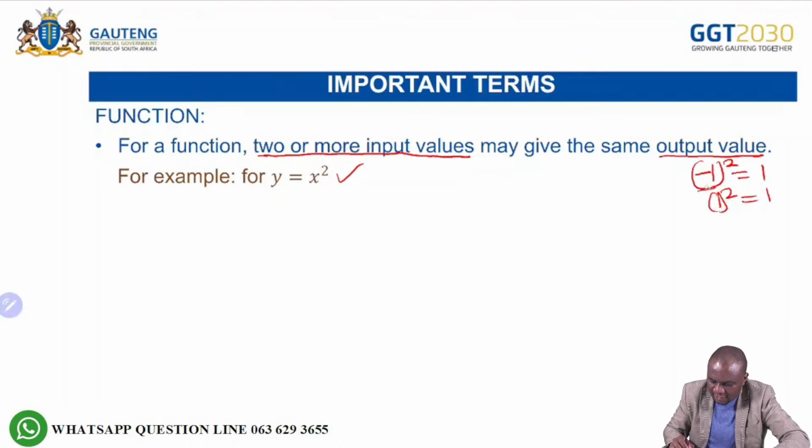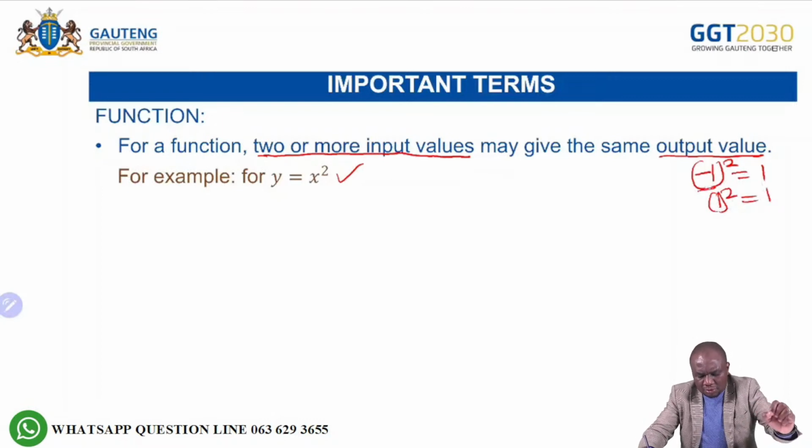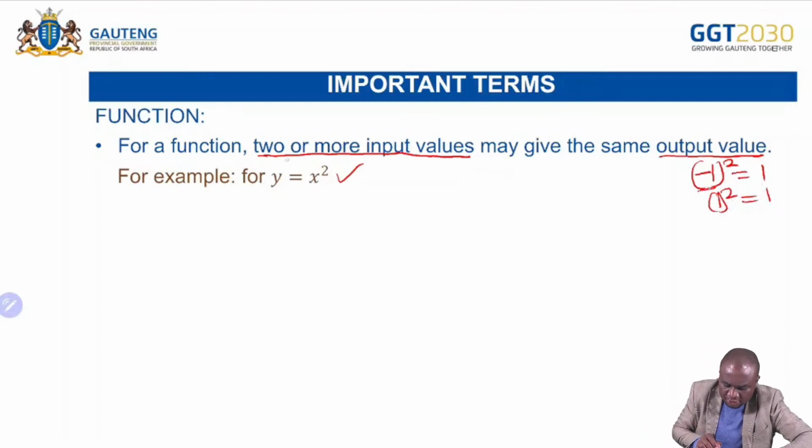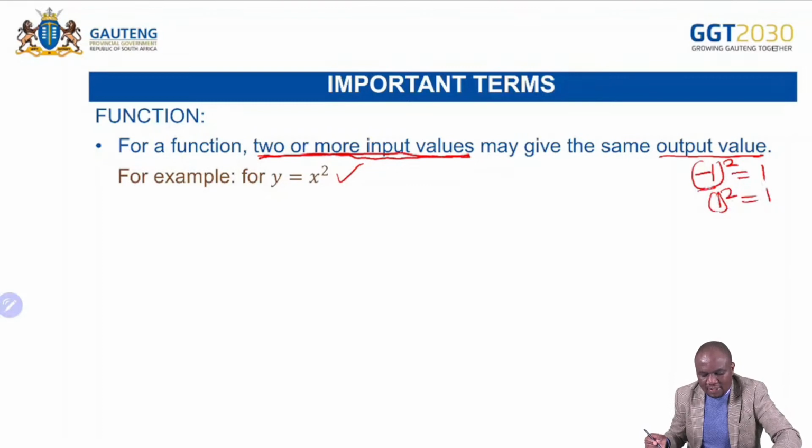And remember, if the negative is outside the bracket, then you get negative 1. Now, the negative is inside the bracket. So do you see that two input values are giving us the same output value? Negative 1 will give us 1. 1 will give us 1. So it is possible that two or more input values may give the same output value. It is still a function.